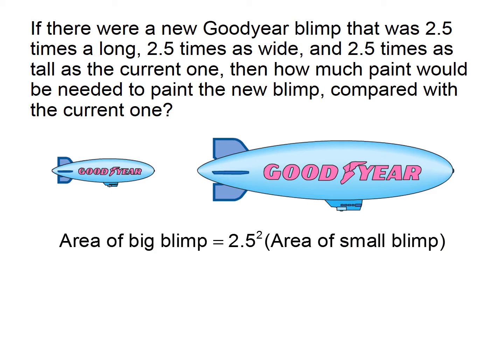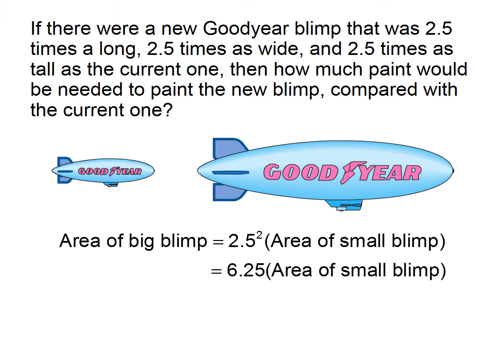So let's use the idea that we just developed, that the area of this big geometrically similar blimp is equal to k squared times the area of my original blimp. We don't just multiply by 2.5, we multiply by 2.5 squared. So if we do that arithmetic, we get 6.25.